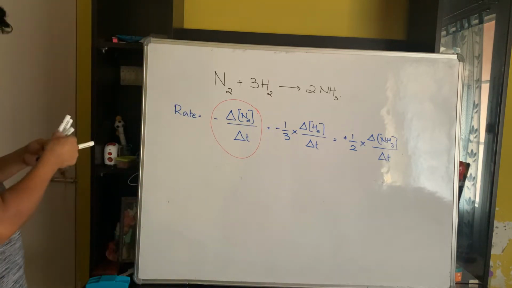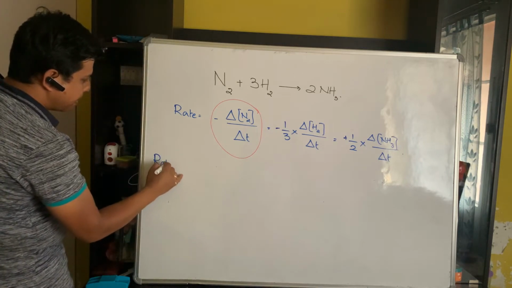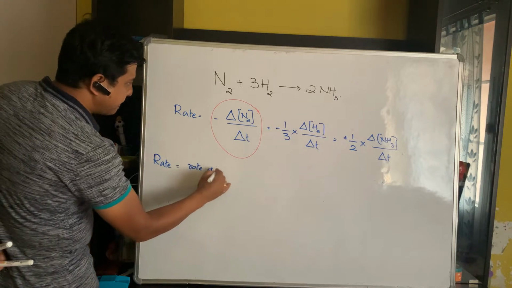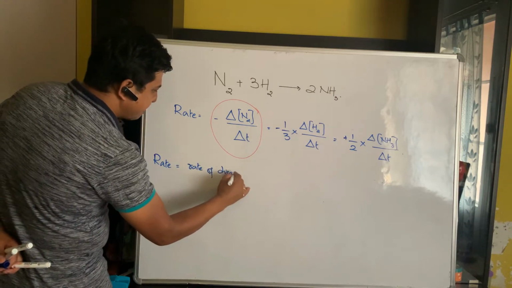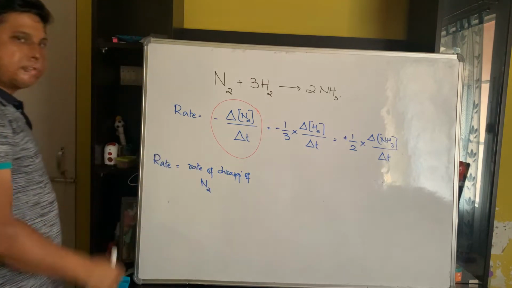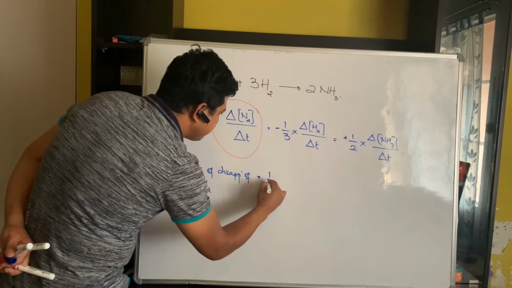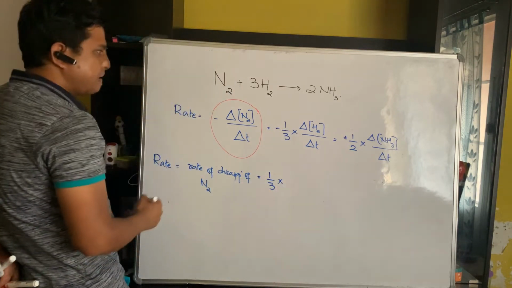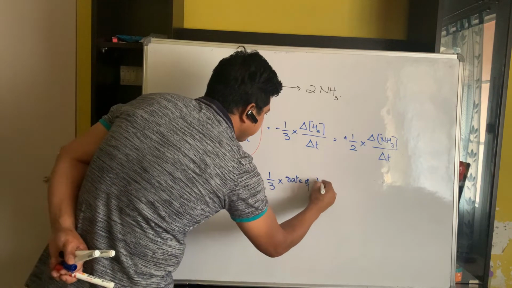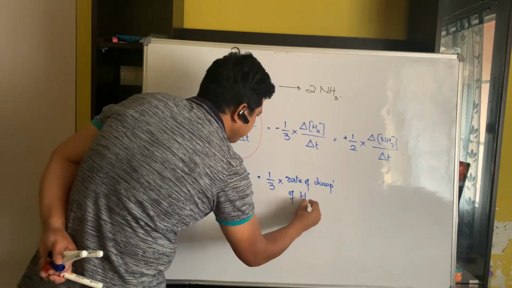So here, in this particular case, we can say rate is equal to rate of disappearance of nitrogen. Out here, rate of a reaction will be equal to 1 by 3 times the rate of disappearance of hydrogen.